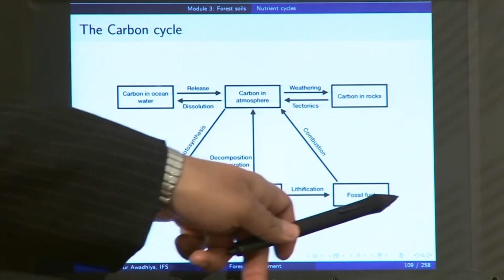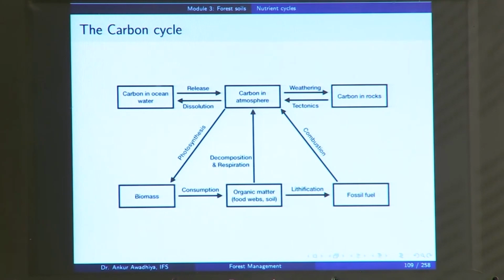You also have carbon in the form of fossil fuels such as coal and petroleum. So, there are different pools, including the biological pool, in which carbon resides on the planet Earth, and all of these are interacting with each other.